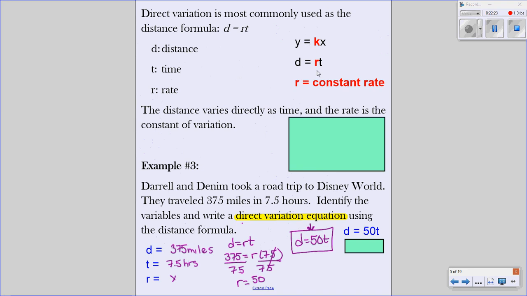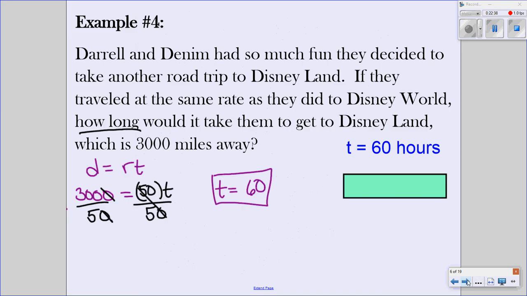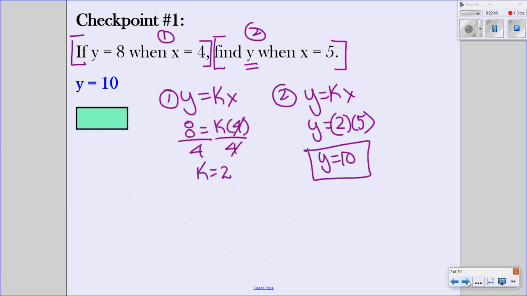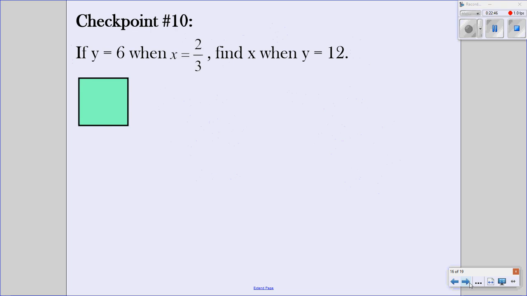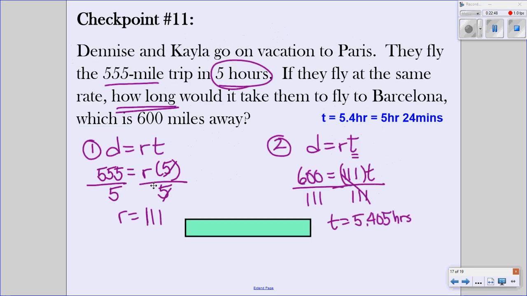It's the same thing, but you're using distance, and r is the constant rate. So again, just like you did with y equals kx, you're doing that for d equals rt, where you have to find the rate, and then you use that rate to find whatever they're asking you for, whether it's the distance or the time.